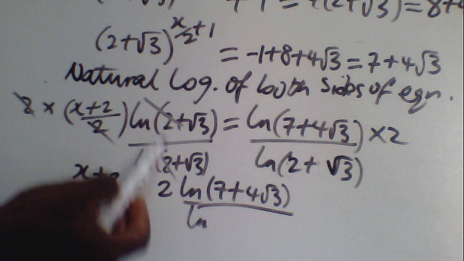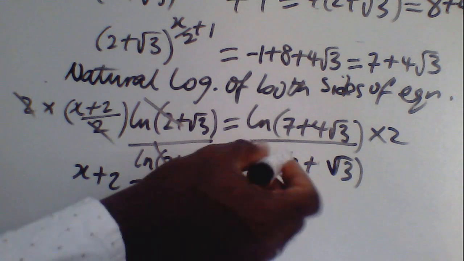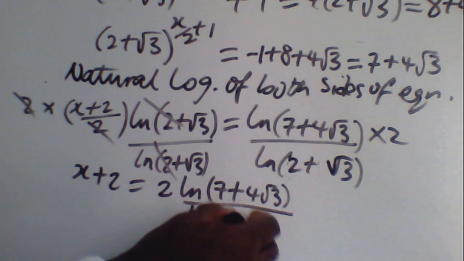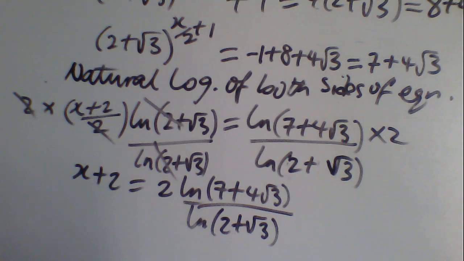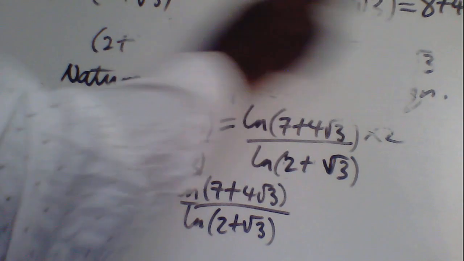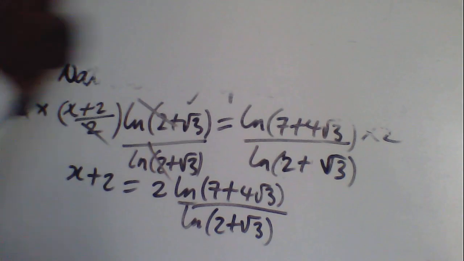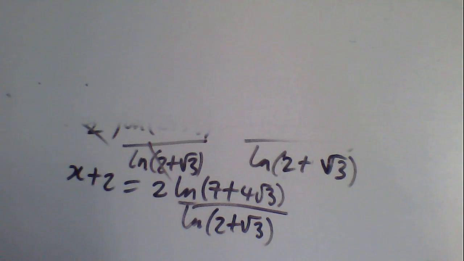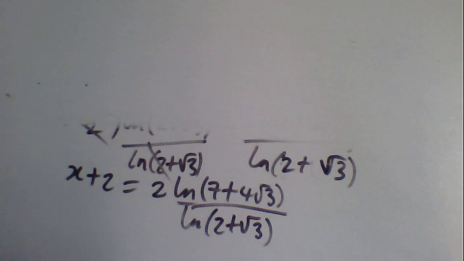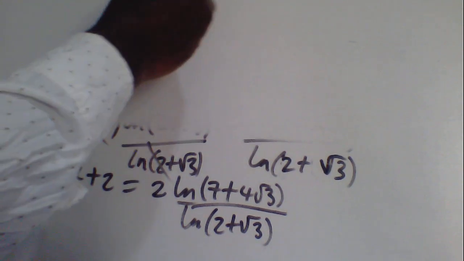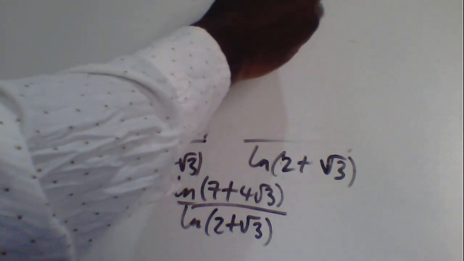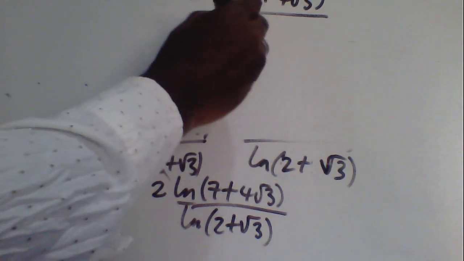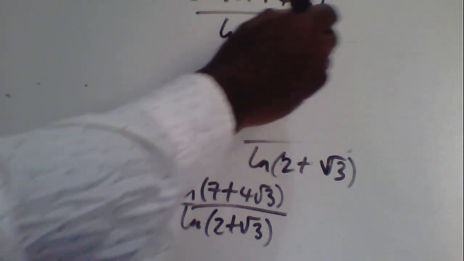So when you divide by this term, here will be ln(2 + √3). So let's bring the terms up. So we are at x plus 2 is equal to 2 ln(7 + 4√3) divided by ln(2 + √3).